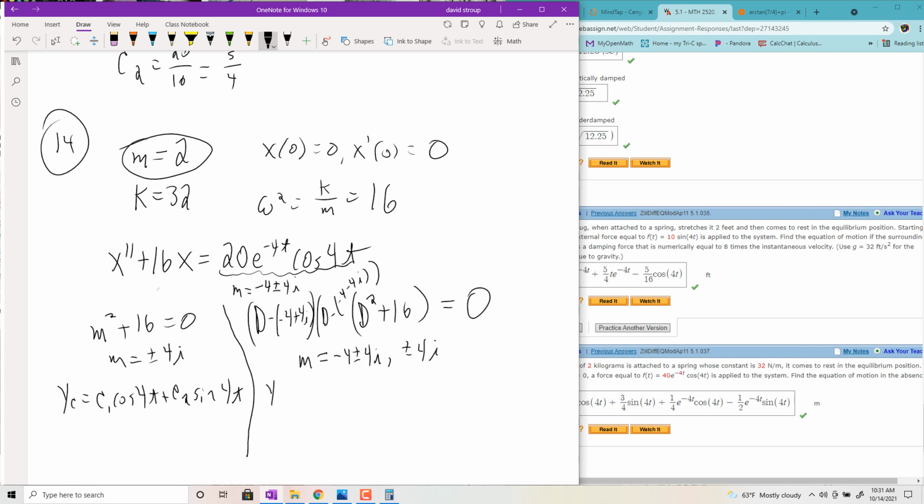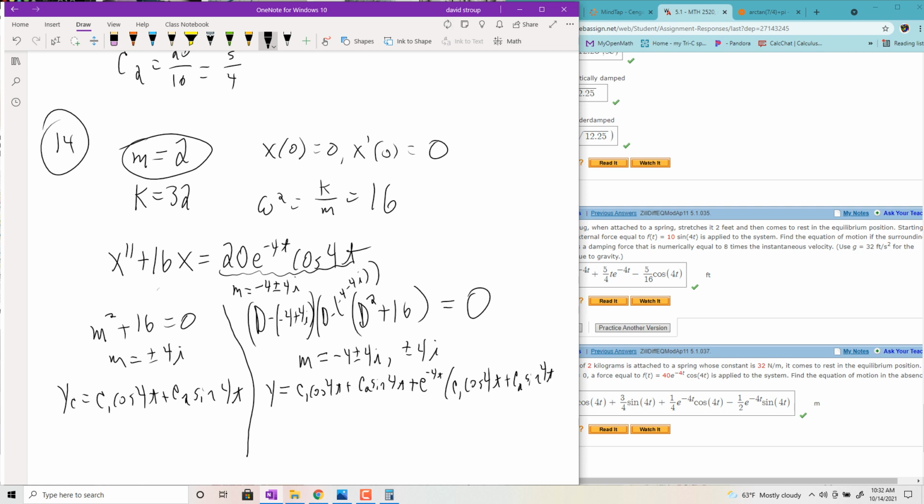So the solution to that differential equation would be y equals c1 cosine 4t plus c2 sine 4t, which we already know is the complementary part, and then the rest will be the particular, right? So for the particular, it's going to be plus e to the negative 4t times c1 cosine 4t plus c2 sine 4t.